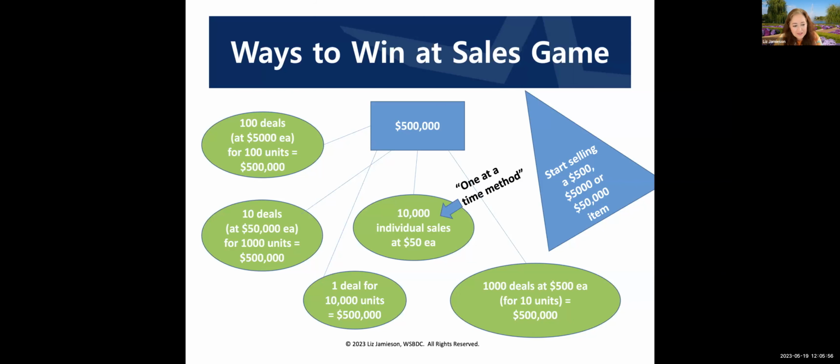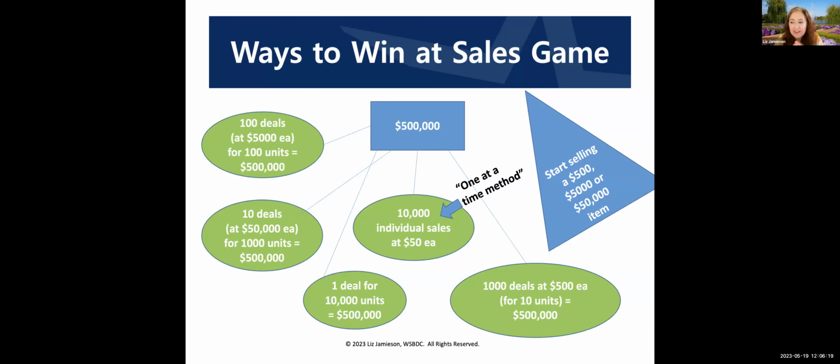I could do 10 deals at 50,000 each, where I'm selling 1,000 units with each of those sales and get to my 500,000. I could also go after one deal for 10,000 units, and that's my whole number, right?